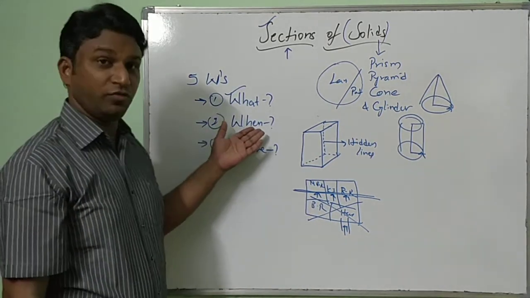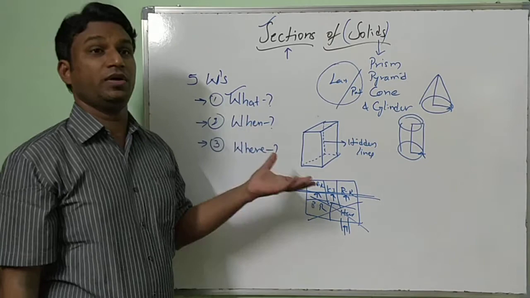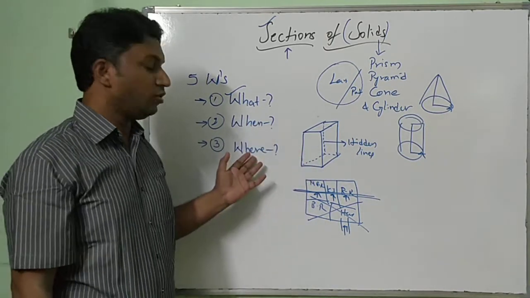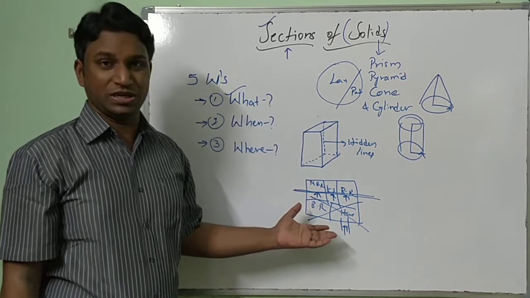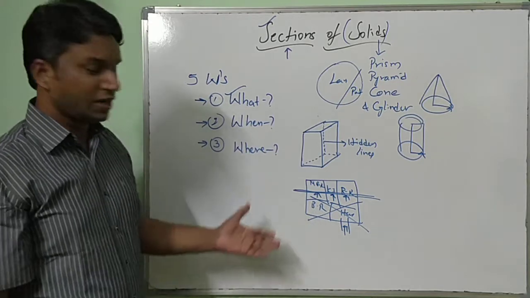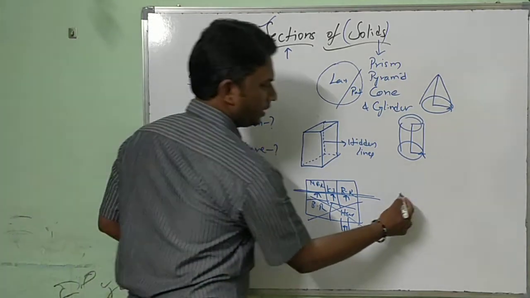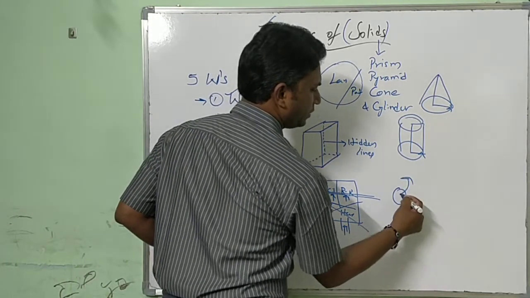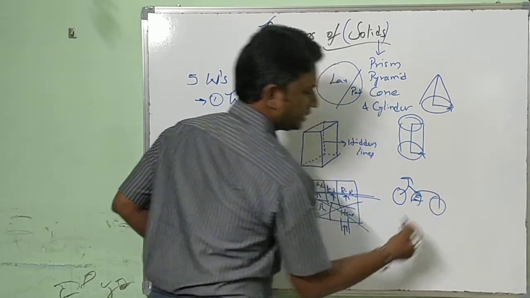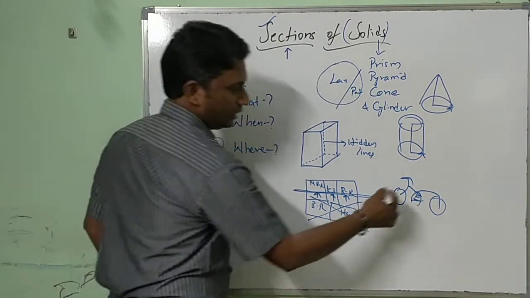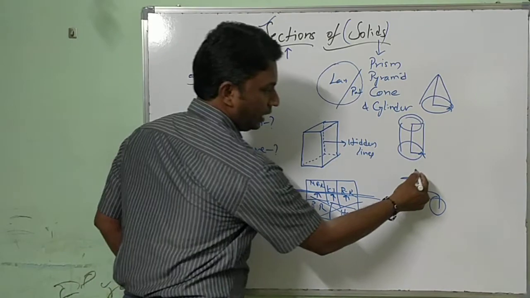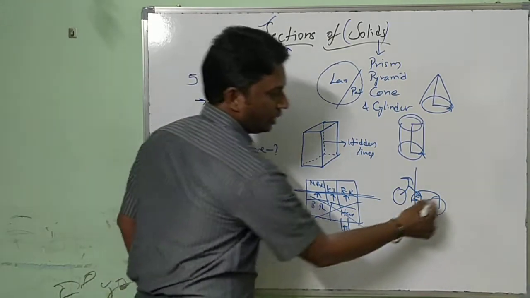As we said, we use sections of solids when we have to show in detail any part which is inside. Every branch of engineering will be using sections of solids. In the same way, in mechanical, take a bike: handle, engine, etc. If I have to show very good detail of the engine part, I have to cut it in half and remove this.